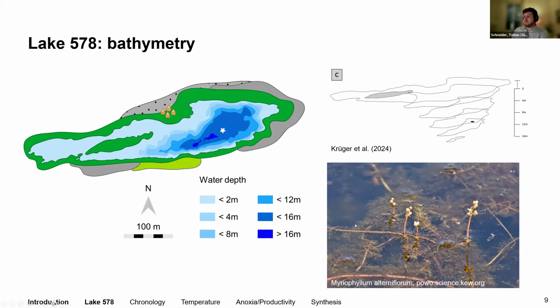And so the Myriophyllum alterniflorum, this plant, is really abundant in this area. That's typical for shallow water in relatively oligotrophic lake water. And also this transect, or this section of the lake, shows that actually the very shallow area here is the largest fraction of this entire lake.